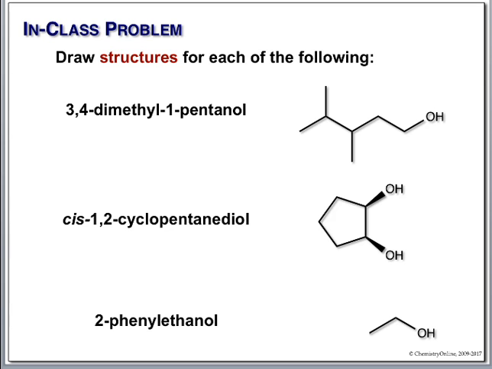We have to give the carbon bearing the OH the lowest number, so this is 1, this is 2, and we simply stick a phenyl group in that position. Any questions?